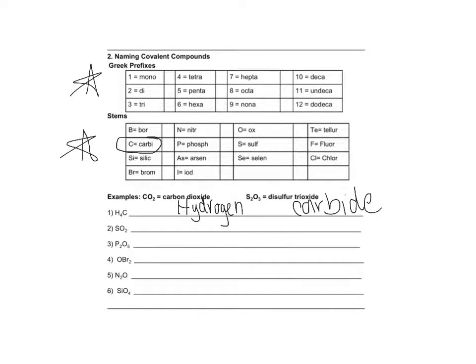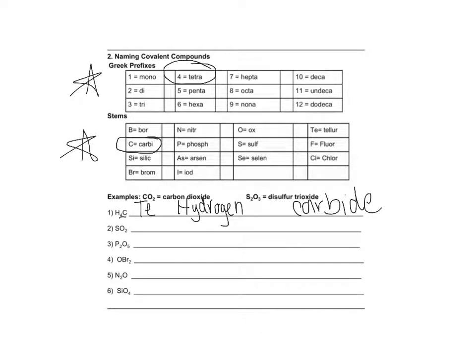However, we do have to add those prefixes in front of both of our element names now. So we're not done. We have to look at the subscripts of the chemical formula to figure out what prefix we're going to write. Hydrogen has a 4 as its subscript, so we have to use tetra in front of hydrogen.